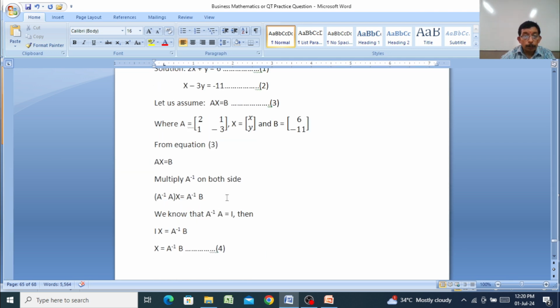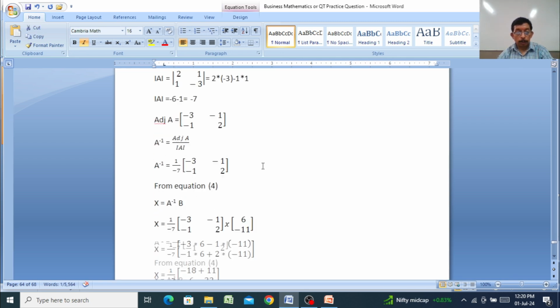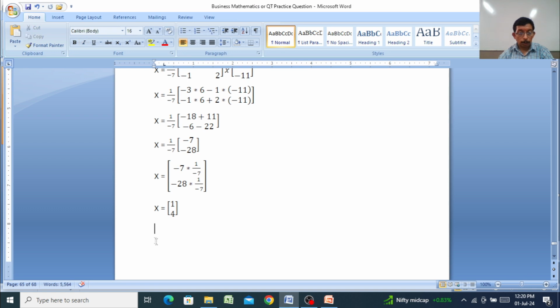And x is equal to x y. Put the value of x, is equal to, then compare both the matrices.